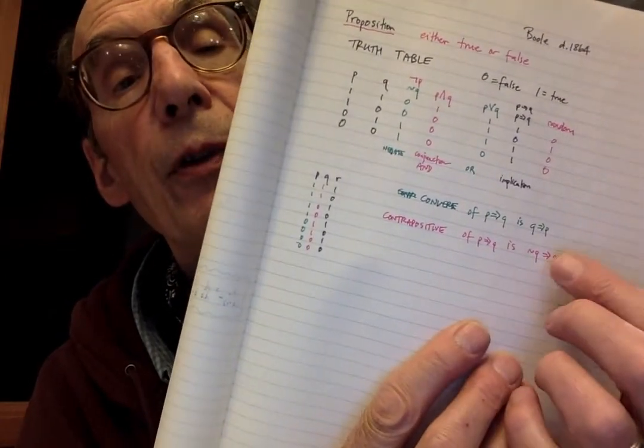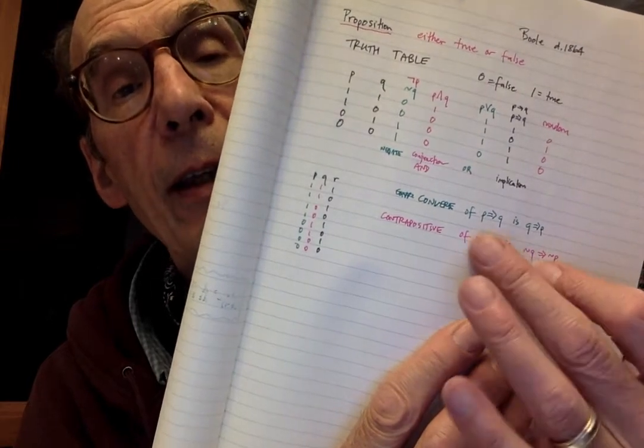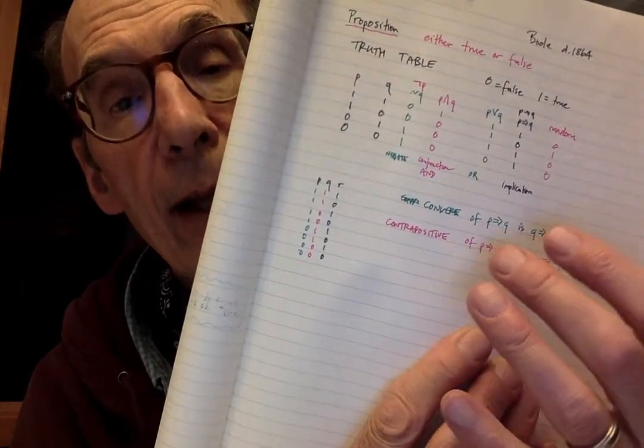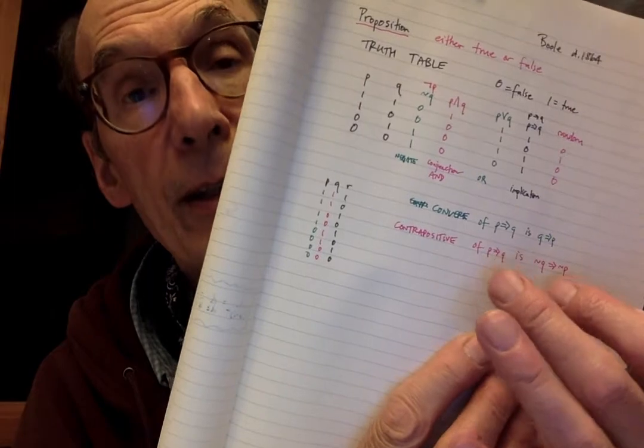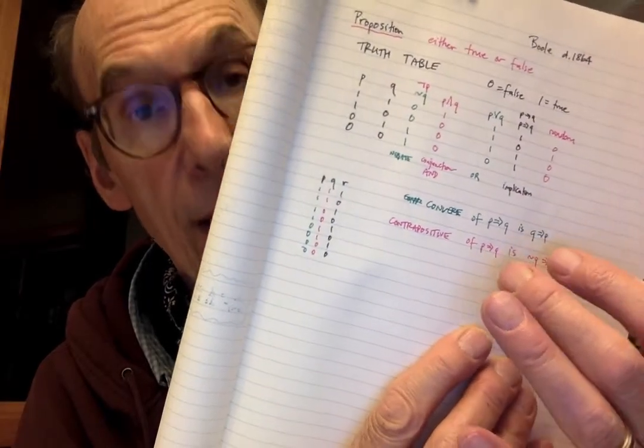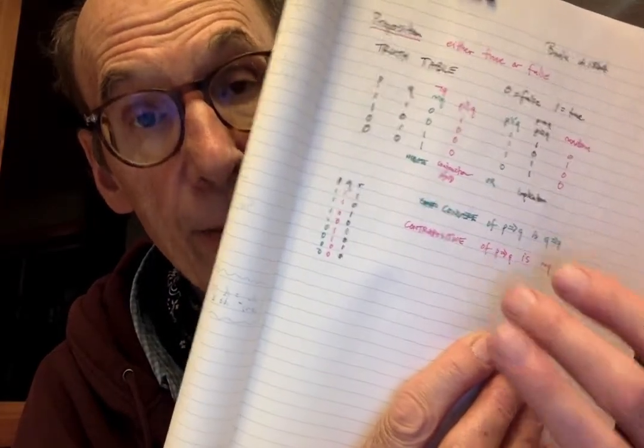If you write out the truth table for this, then you'll find that the contrapositive and the implication have exactly the same meaning, exactly the same truth values, and so they're quite related.